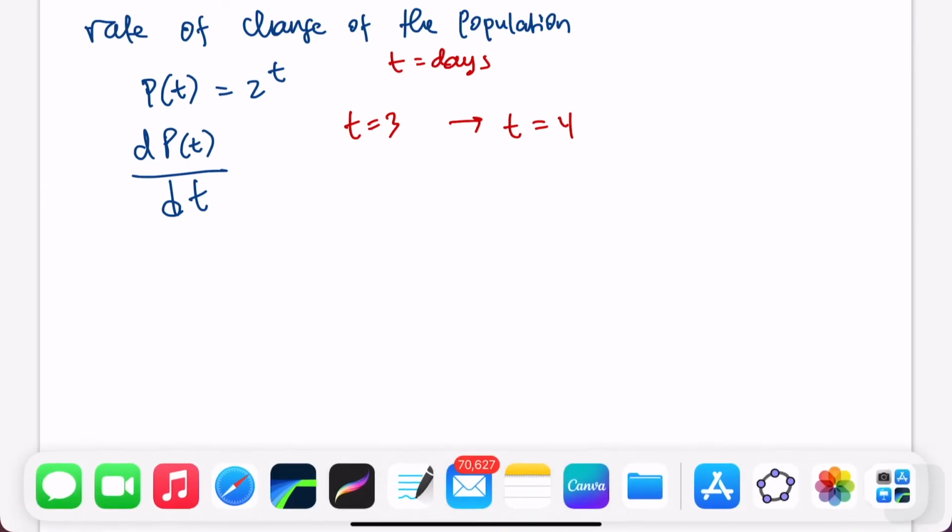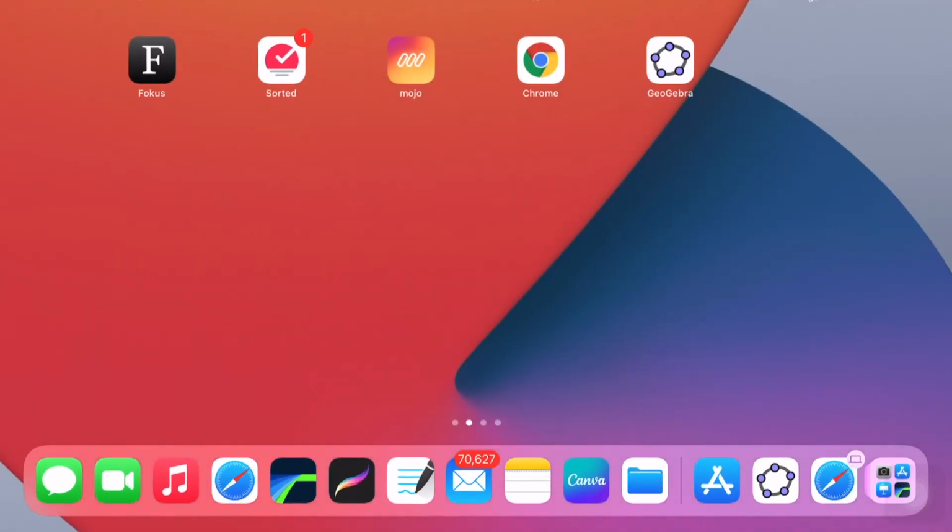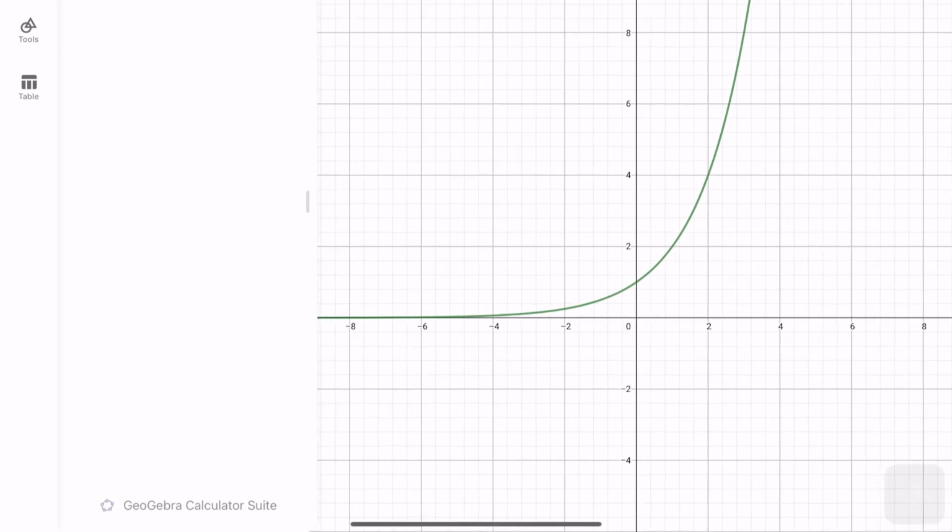Let's use our GeoGebra. If you want the app, you can download it.